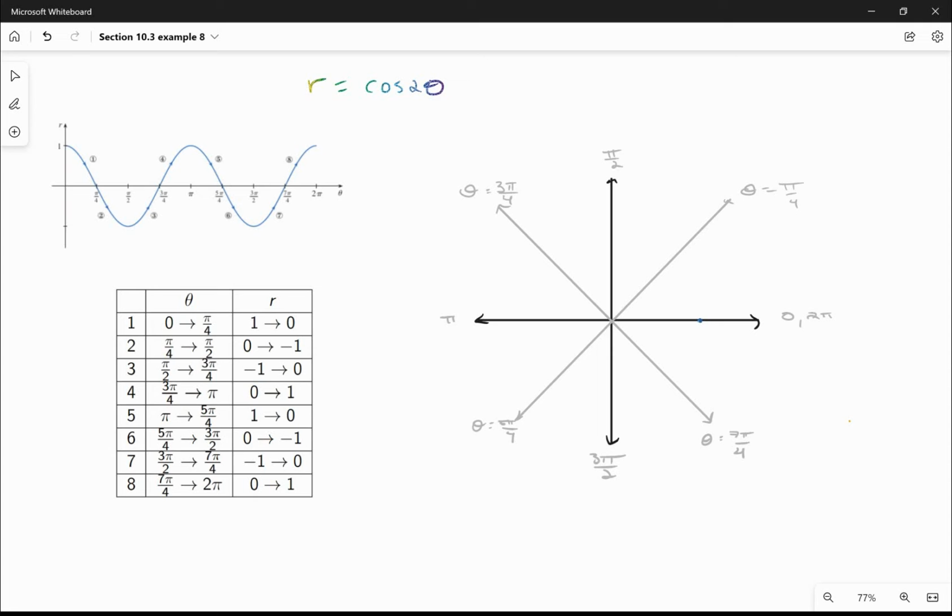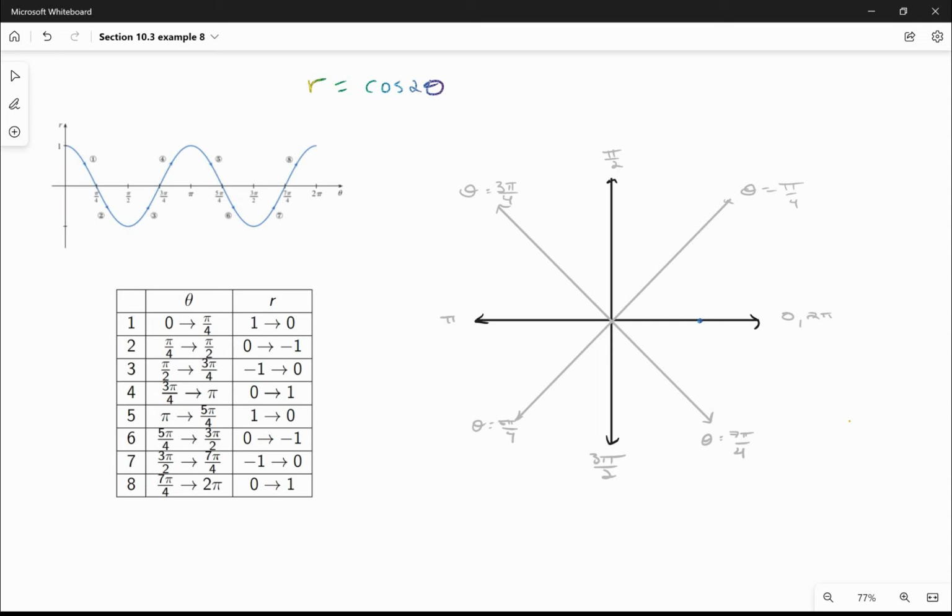So let's just start with section 1, right? Theta is going from 0 to pi over 4, and r is going from 1 to 0. We start out with that first point, which is theta equal to 0 and r equal to 1. That's just this point on the polar axis, which corresponds to the x-axis, a distance 1 away from the origin.